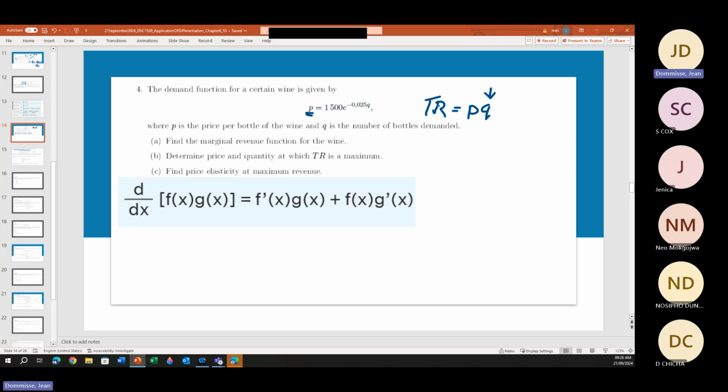We will first need to get to the total revenue. So total revenue is P times Q. We've got the P, so remember, then it looks a bit different. So we need to add that Q as, I'm going to try and move this now over.